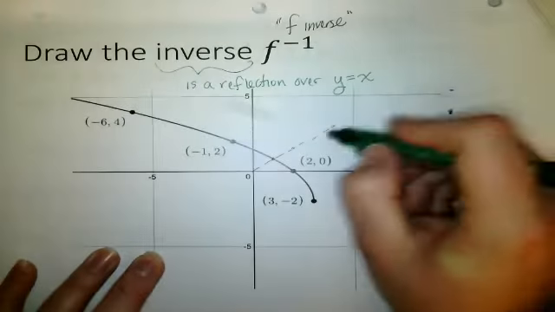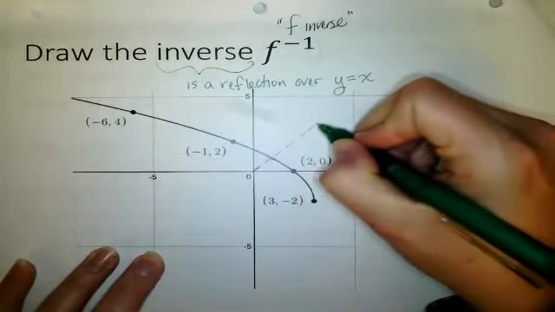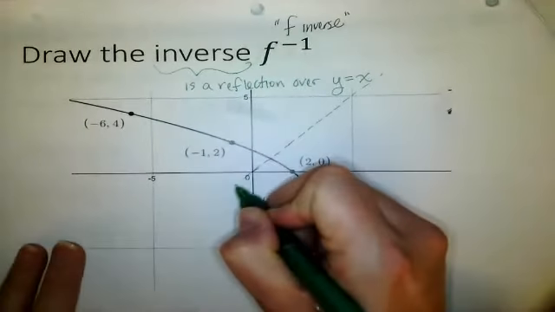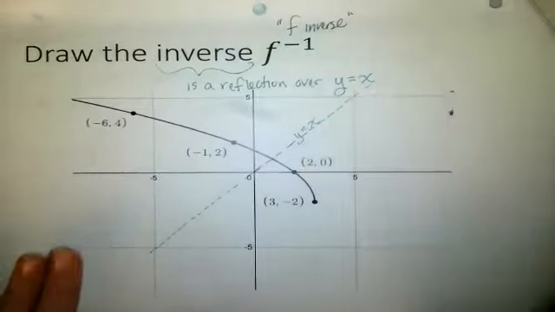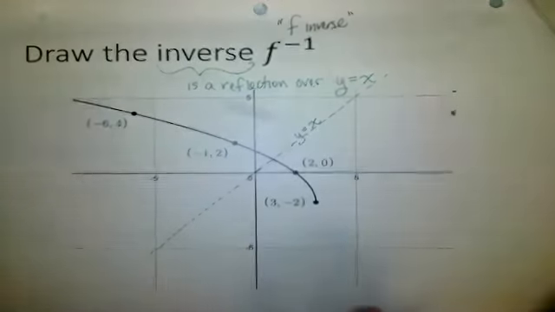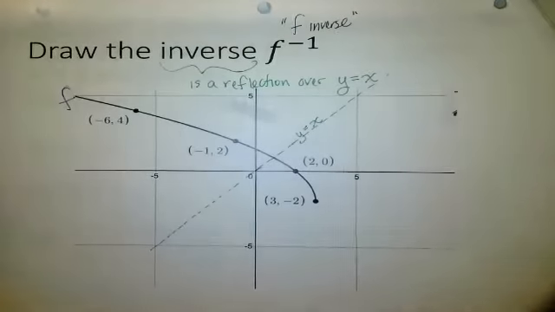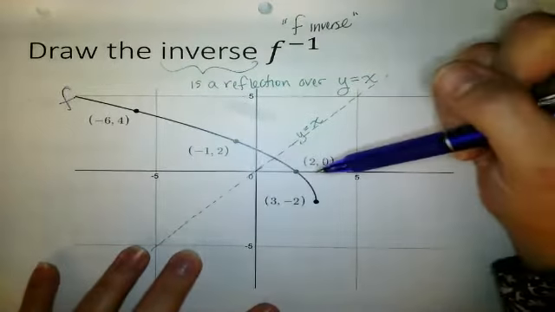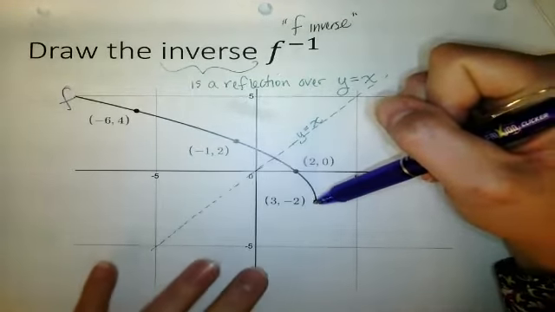I wish it copied a little darker. All right, so this is the line y equals x. And if I were to take these points on this curve, as in this is my original function f, which looks like a square root swoop, and I wanted to reflect a point across this line, I don't know if you did this in geometry.